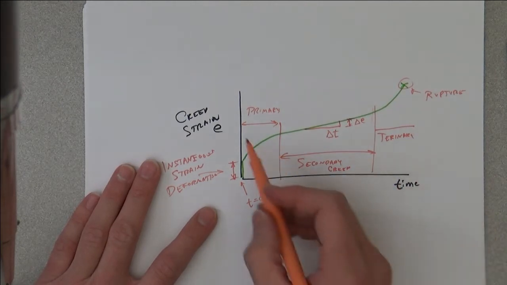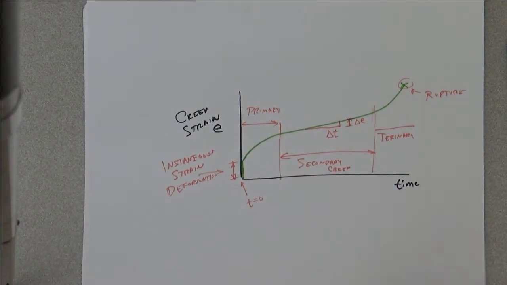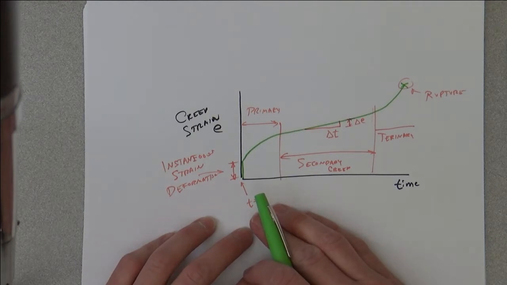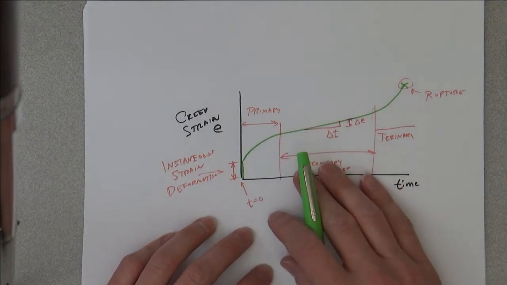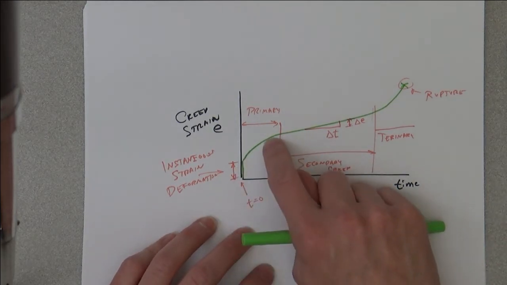So in this primary region, you have the mechanisms of creep initiating. For example, one of the primary mechanisms of creep is through the diffusion of vacancies in a crystal, and you may have these just getting started. You might have, say, a surface that acts as a source of vacancies, and they start turning on.